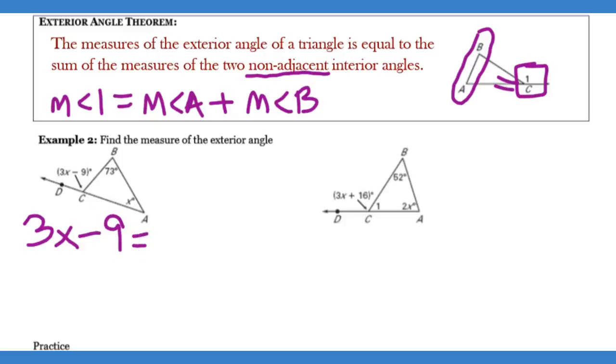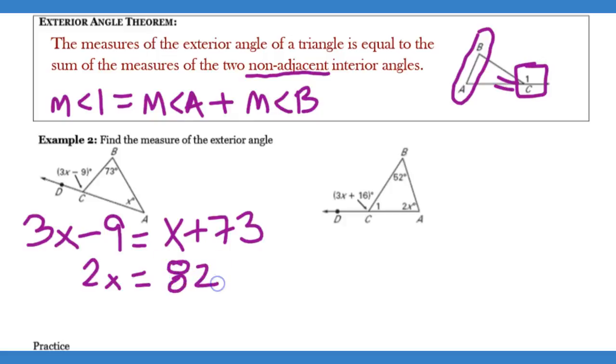And my exterior angle is equal to the angle A plus angle B. And I know that angle A is x, and I know that angle B is 73. So now I just have a simple algebra problem, and I'm trying to find the measure of the exterior angle. So 2x is equal to 82, which means that x is equal to 41.